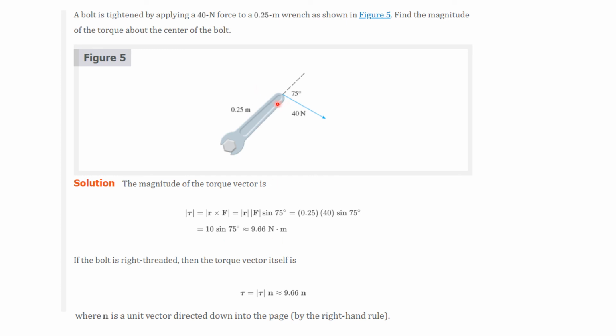If the bolt is right threaded, and usually they are, though occasionally you'll run across things that are not, then the torque vector itself is this magnitude times the normal vector, and the normal vector is directed down into the page, because if you're going this way, you're taking the radius cross with this, and it will go into the board. You might want to think about that, because that's a good application of the right-hand rule.